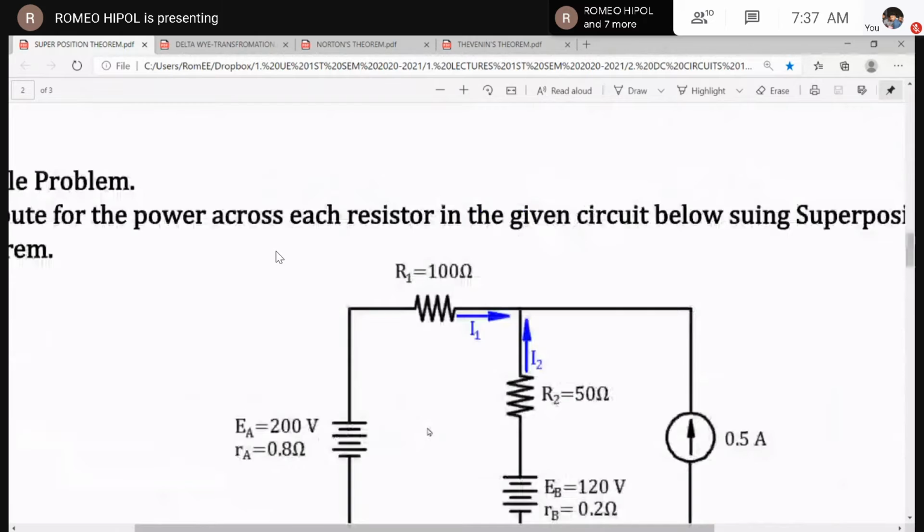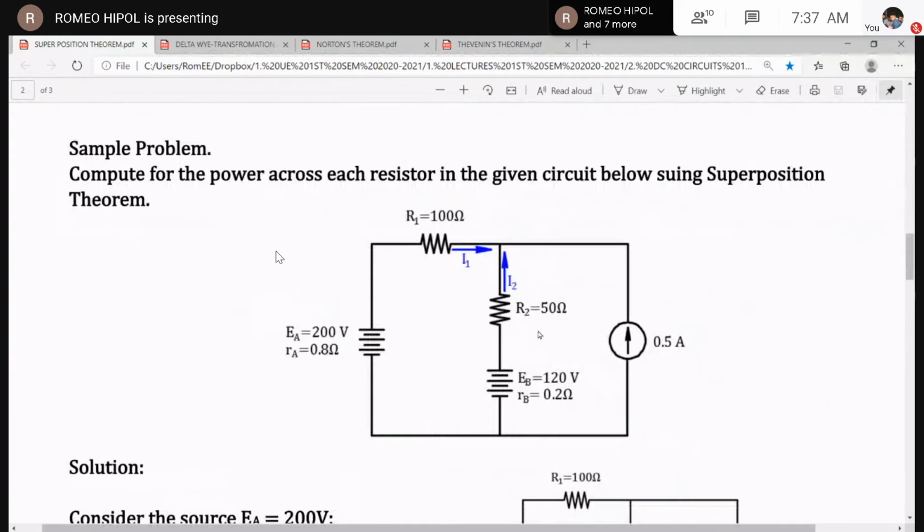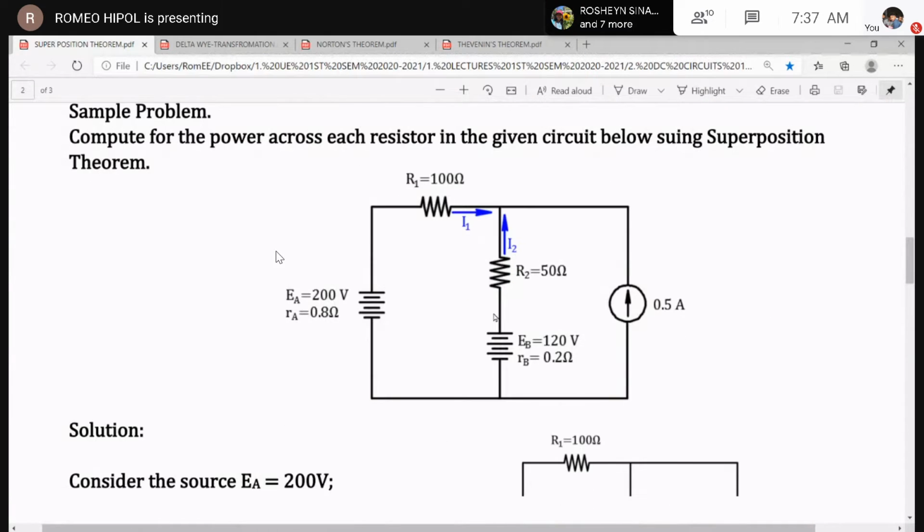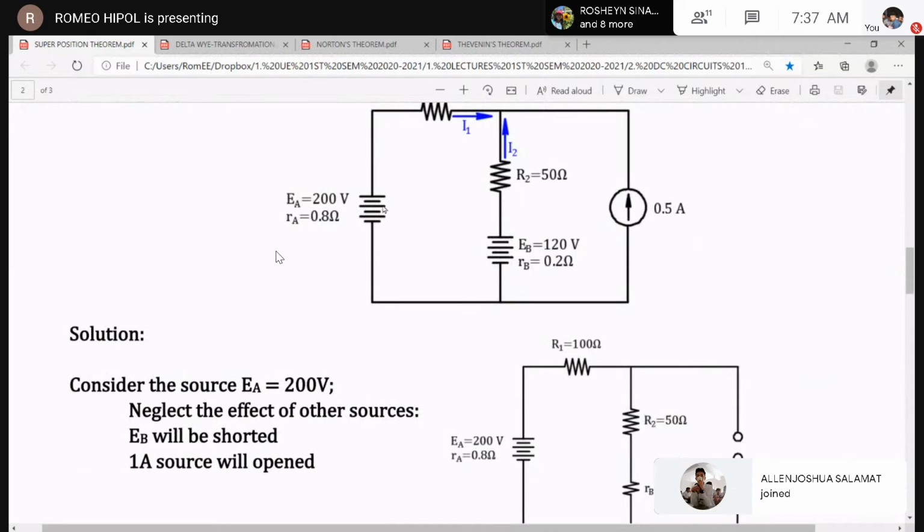Okay, so for the first step, nag-assume tayo ng current direction. The next step is to consider the effect of the source or voltage source E sub A. So, therefore, the two remaining other sources, especially the voltage source, will be shorted. And then the internal resistance of the battery will be in the circuit connection.